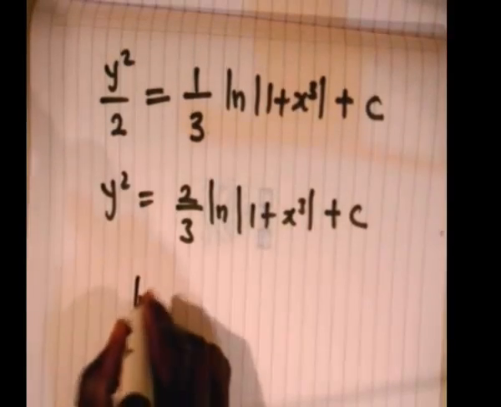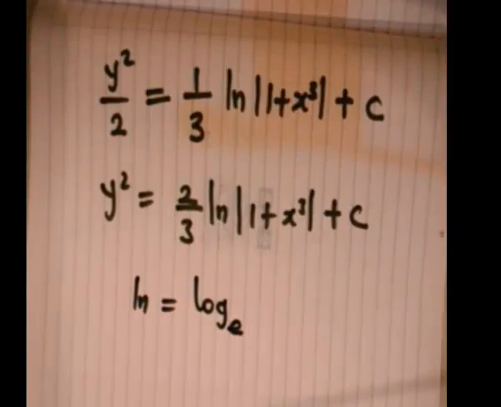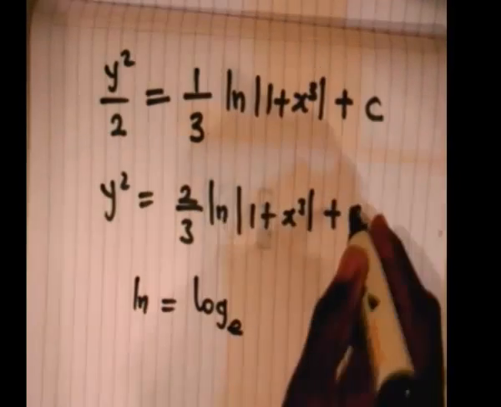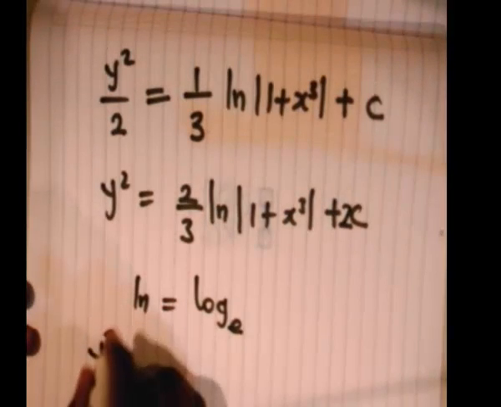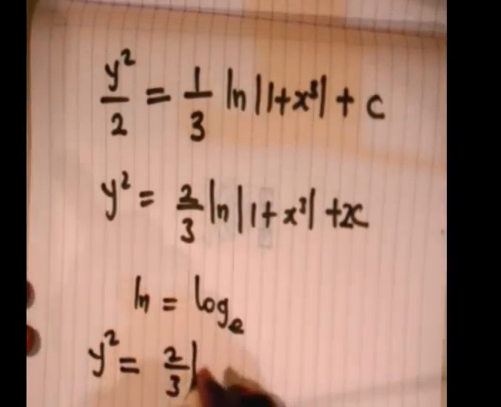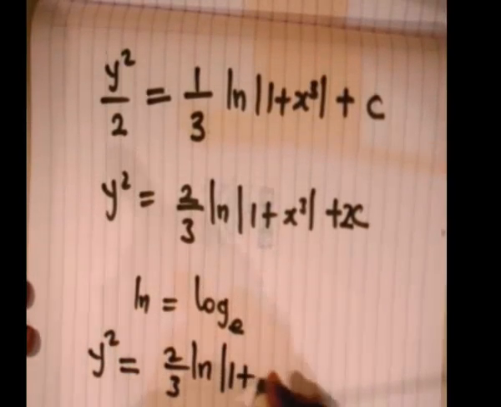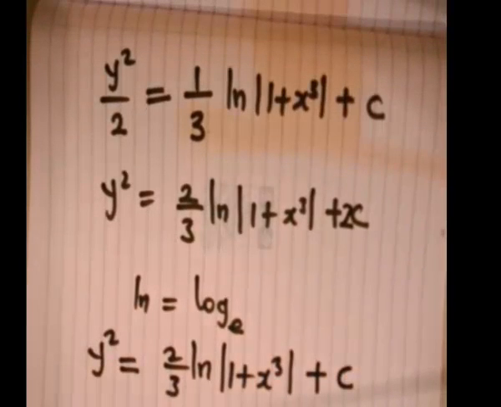Ln is the same thing as log to base e. Please take note of this. So 2c. So we have y squared equals 2 on 3 ln of the absolute value of 1 plus x cubed plus 2c. c is an arbitrary constant, so 2 times c is still the same thing as c, or let's call it c1.